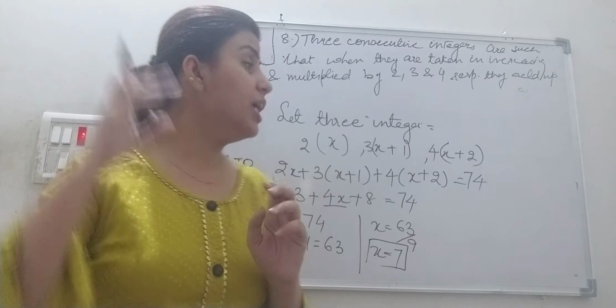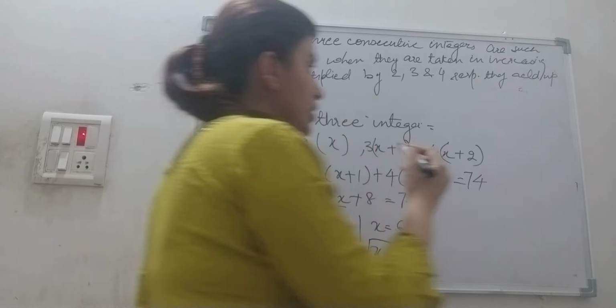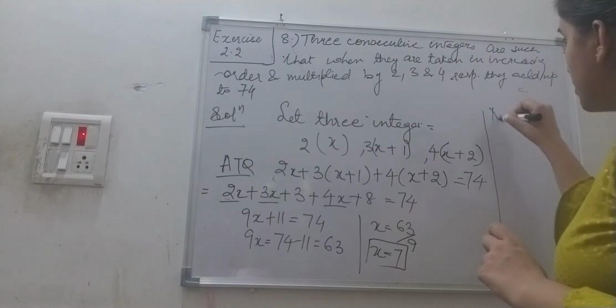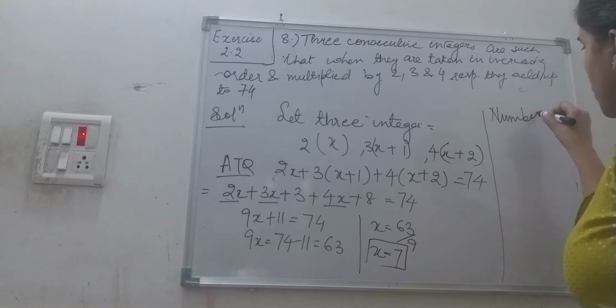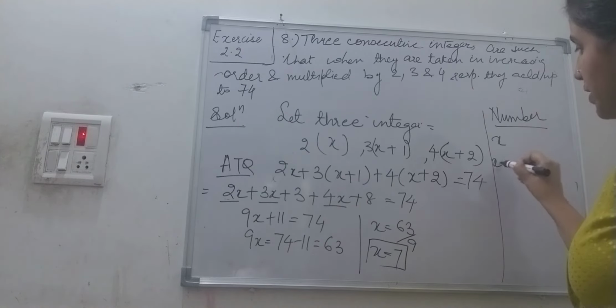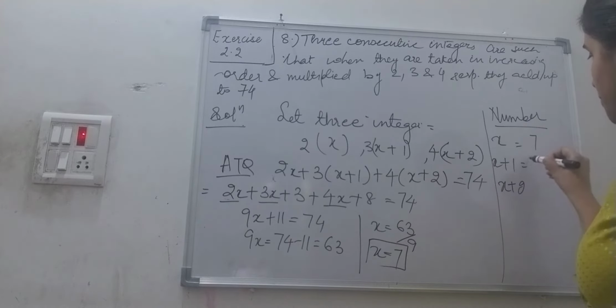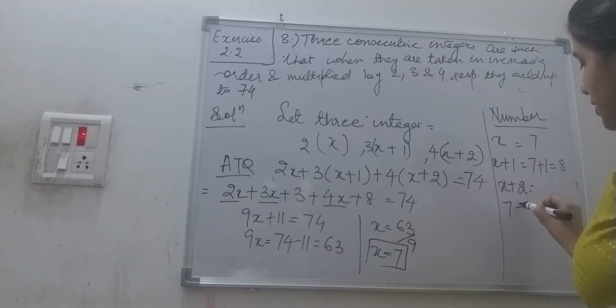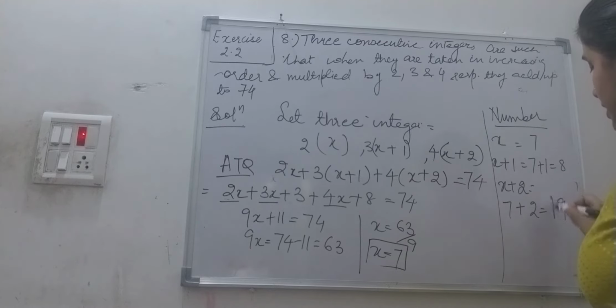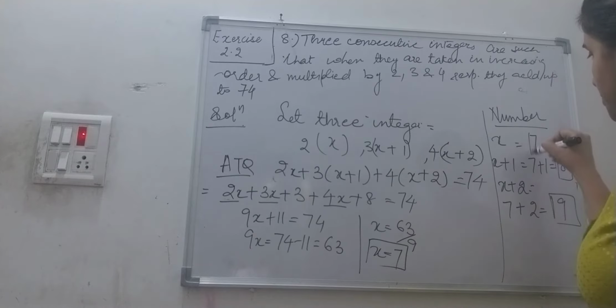They have asked to find the numbers. So the numbers were x, x plus 1 and x plus 2. x was 7, 7 plus 1 equals 8 and 7 plus 2 equals 9. These are the answers.